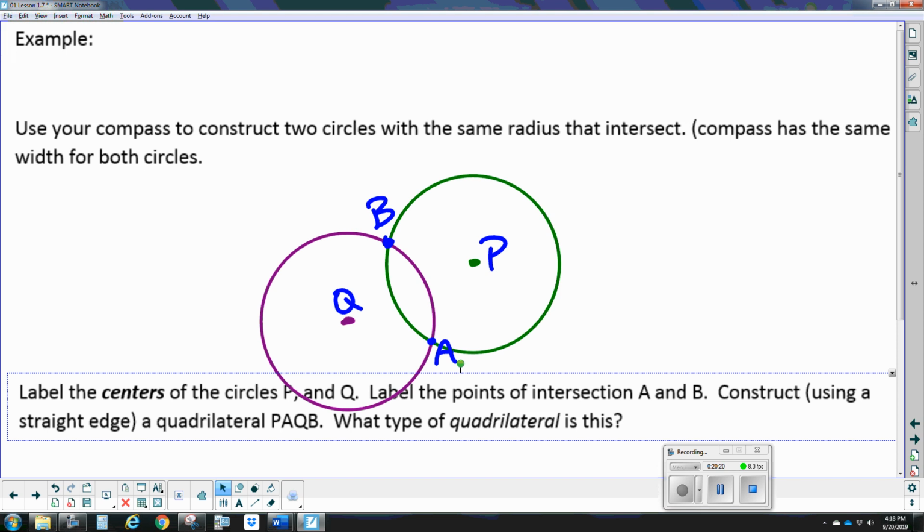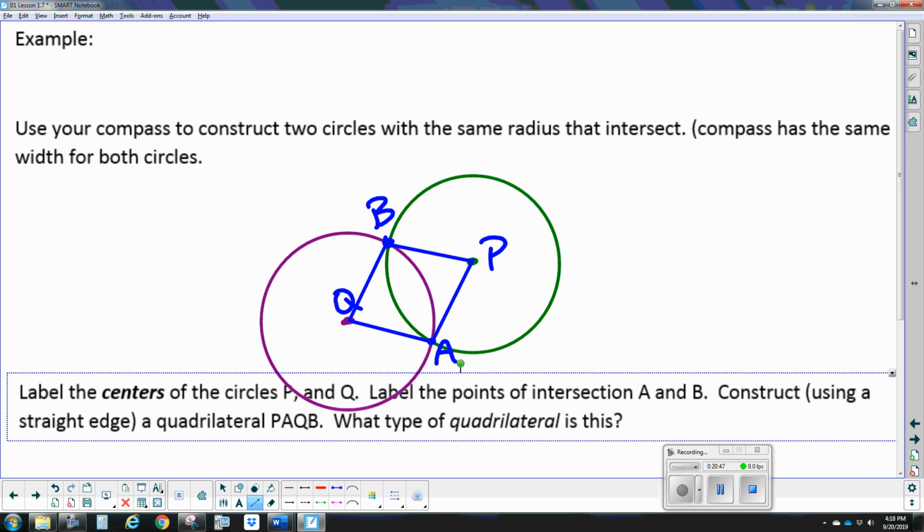Construct a quadrilateral PAQB. So quadrilateral that goes from P to A to Q to B and then back to P. And the question is, what kind of quadrilateral is this? What's the name we're going to give this? Well, first we have to think of what its properties are before we can name it.